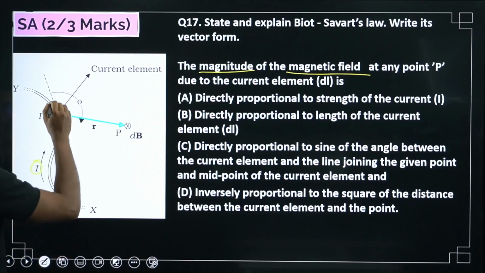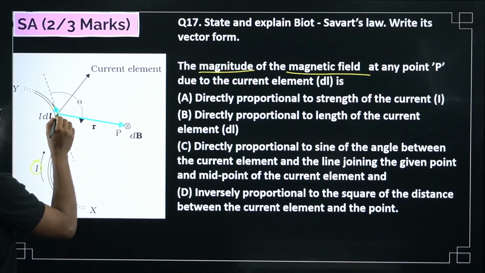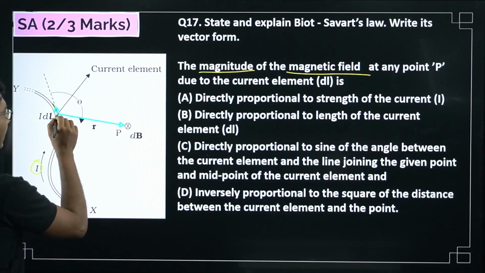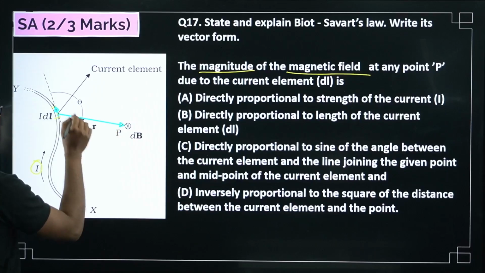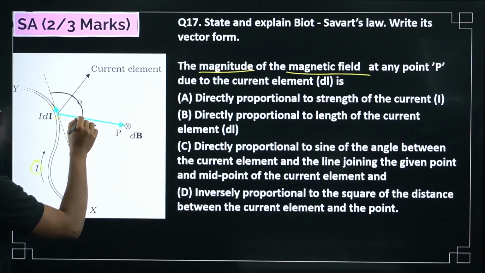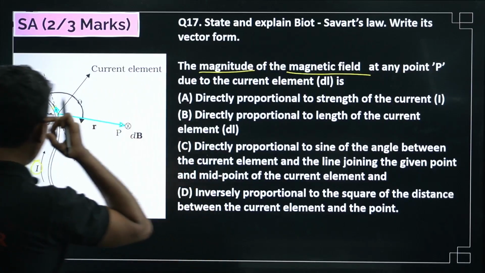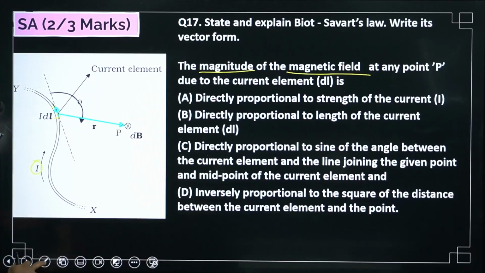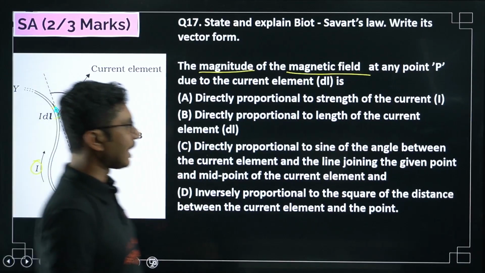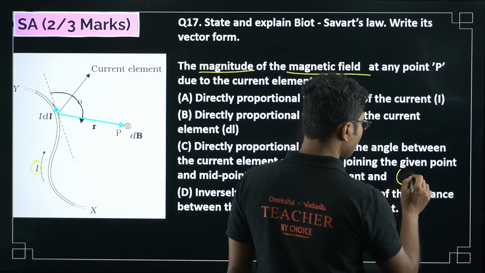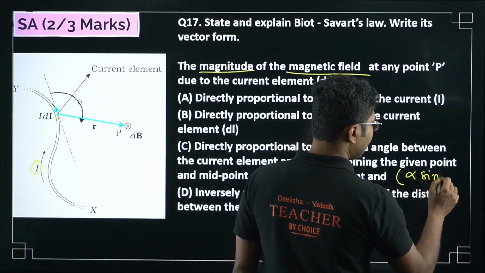If you extend the element on both sides and join the midpoint of this element with the point P, then it will make some angle. That angle is called theta. So it is directly proportional to sine theta.